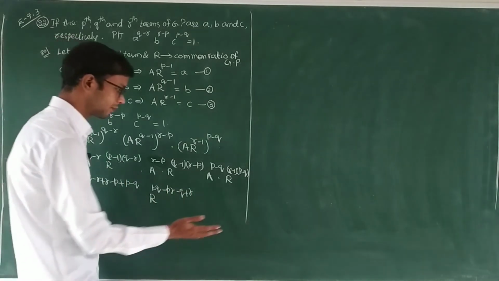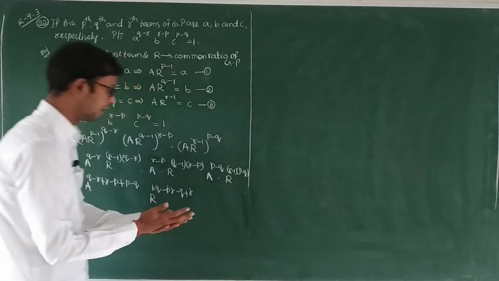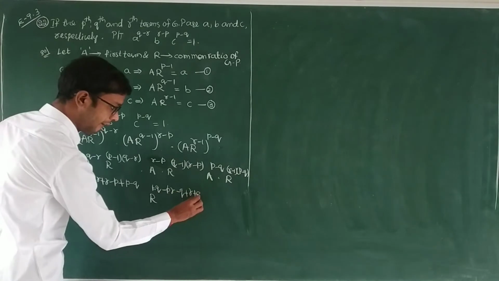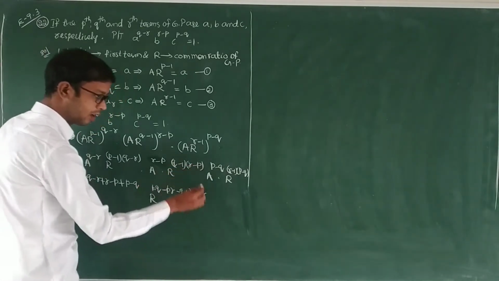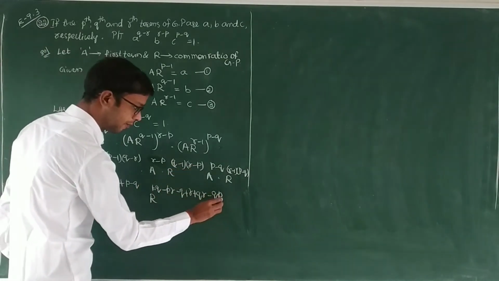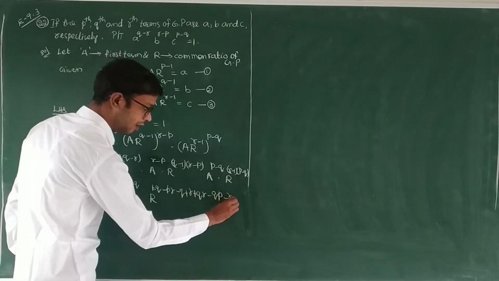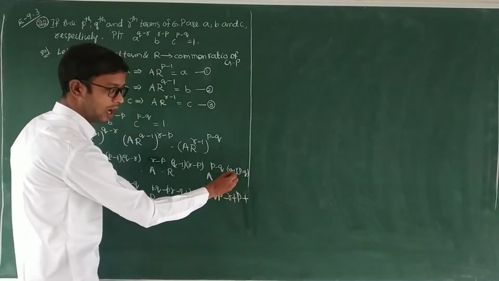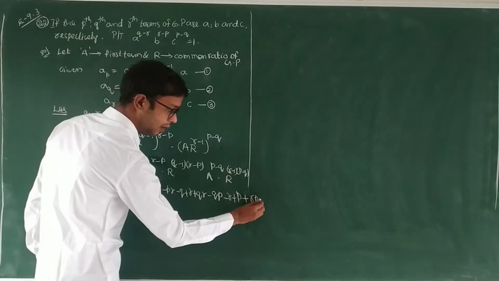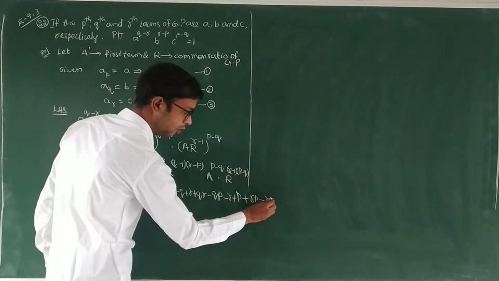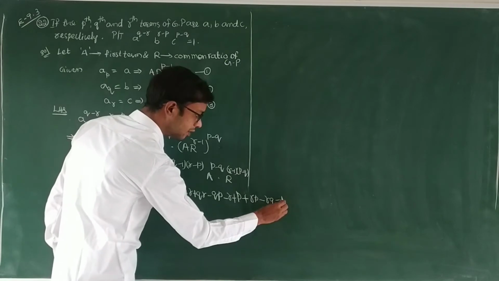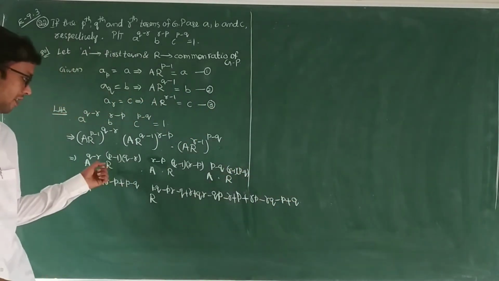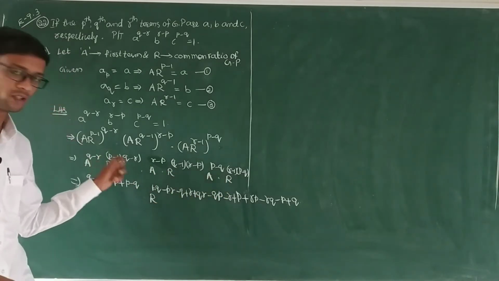Next, R here also multiplies: qr minus qp minus r plus p, plus this one r into p, rp minus rq minus p plus q. So bases are equal, power should be added.